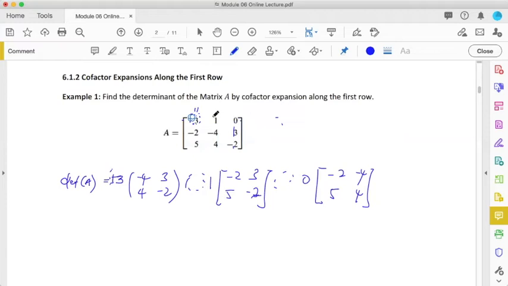And for coefficient 1, the position is row 1 and column 2. So if you add them, you got an odd number, so it gives you a negative sign. And finally, for coefficient 0, you have positions 1 and 3. So if you add them, you have an even number. So you can put a positive sign here.